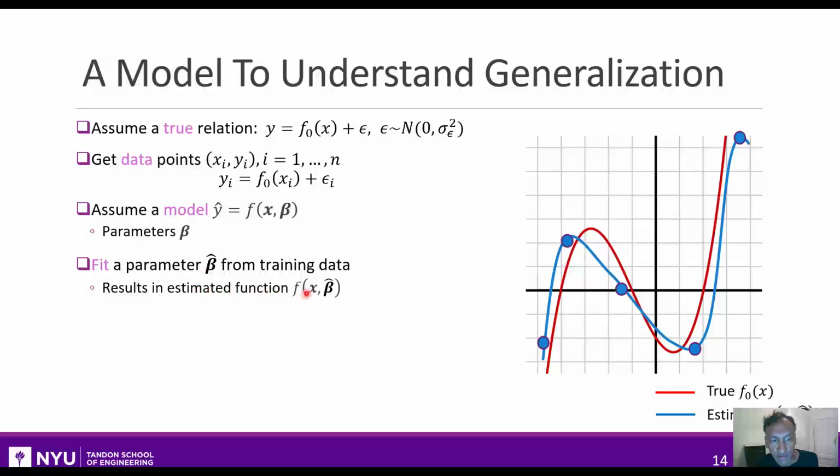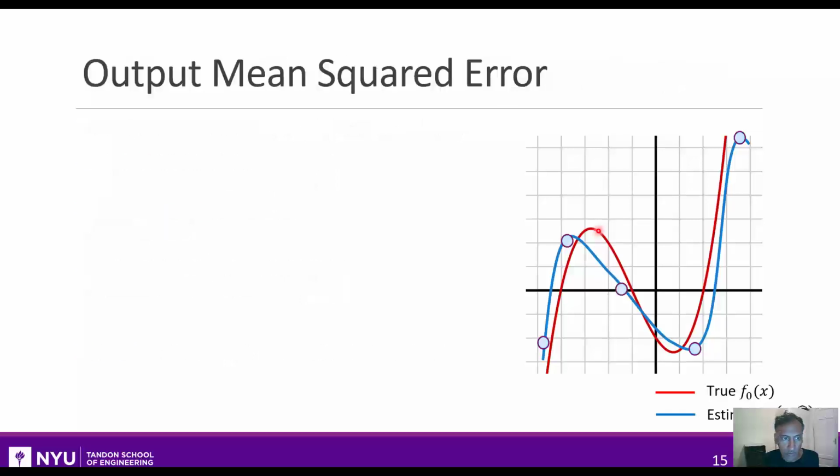And that results in some estimated function, which I've shown here in the blue. Now the question then is, how good is this estimate? Or how well did this estimate generalize relative to the true function that's shown here?